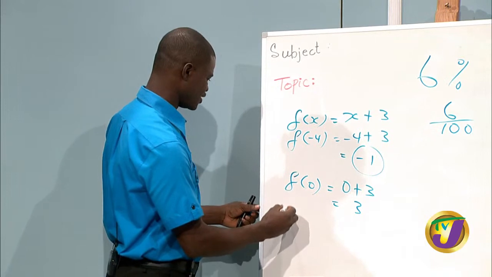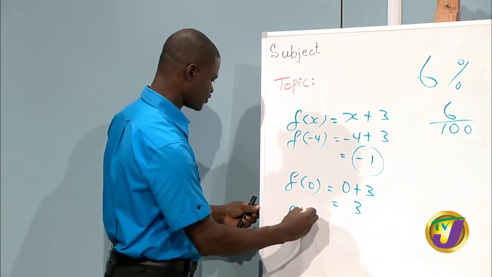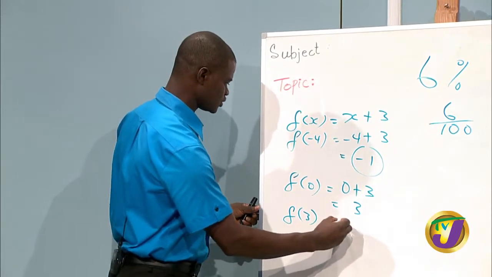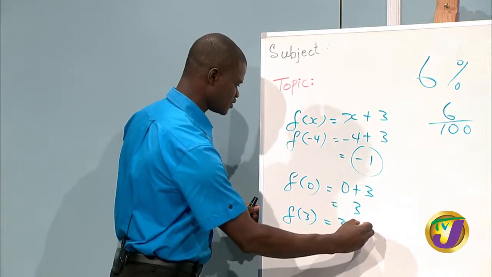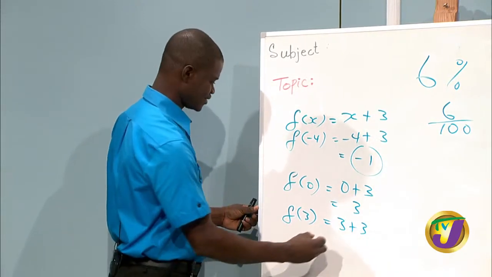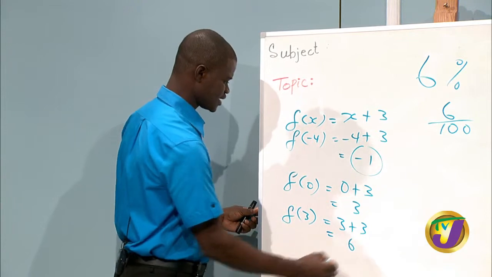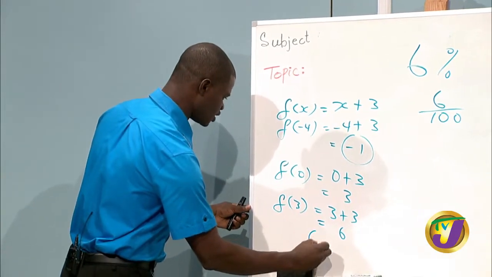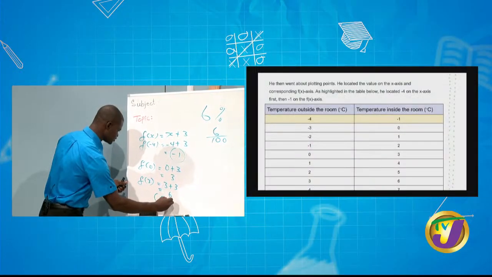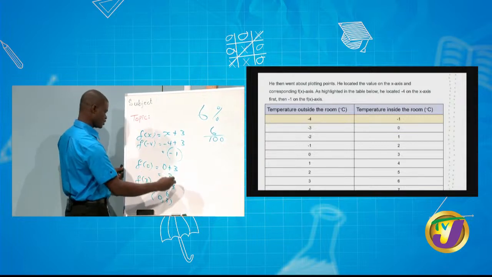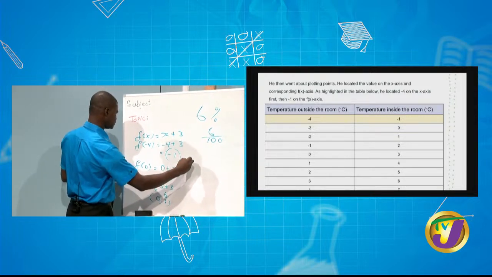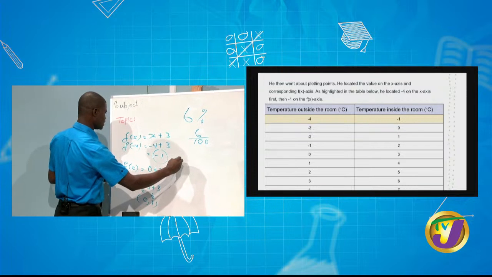So f of 3 is equal to 3 plus 3. And that will give us 6. So in this case, our ordered pair would be 3, 6.